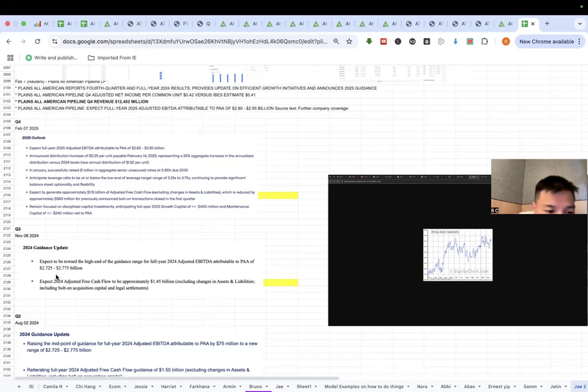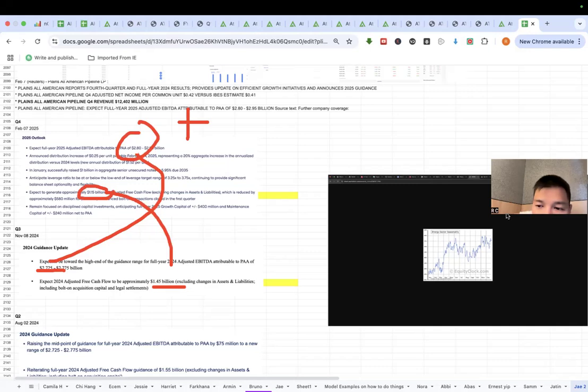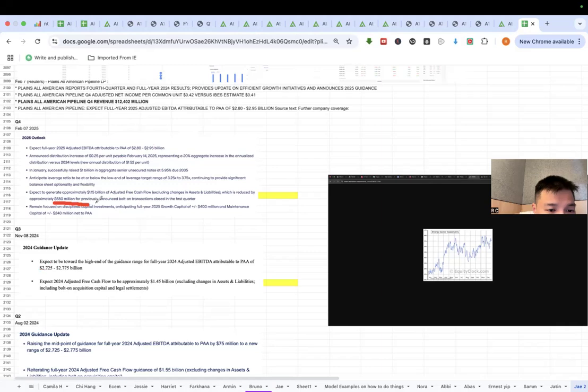You can see, yeah? 2.725, it went up to 2.8. So this is a plus. And now 1.45, now 1.15. They tell you the reason why it's dropped. The reason why it's dropped, announced bolt-on transaction close in the first quarter.